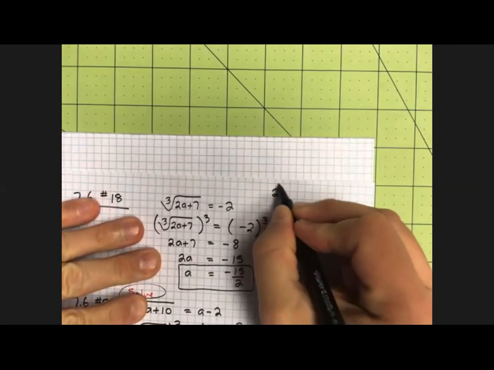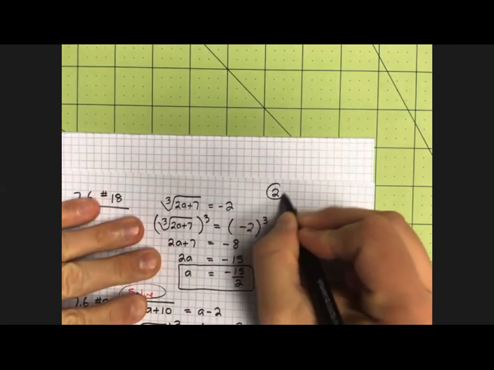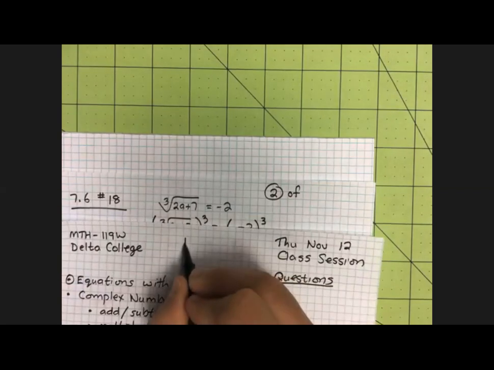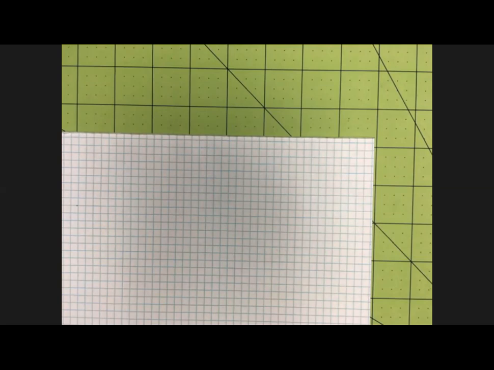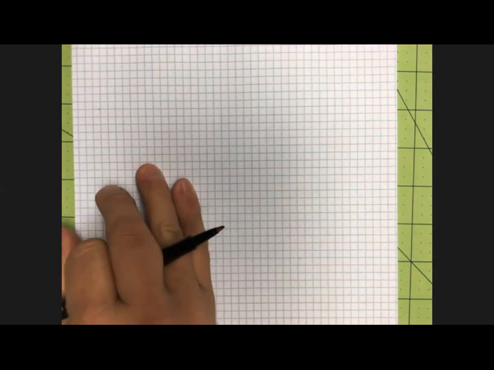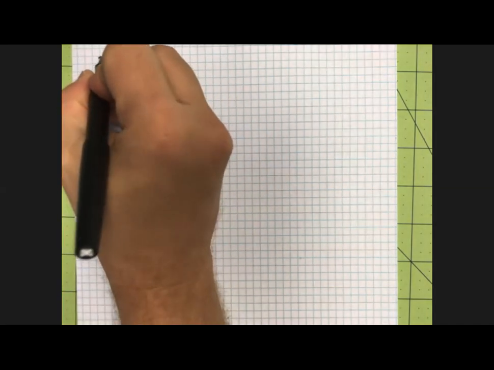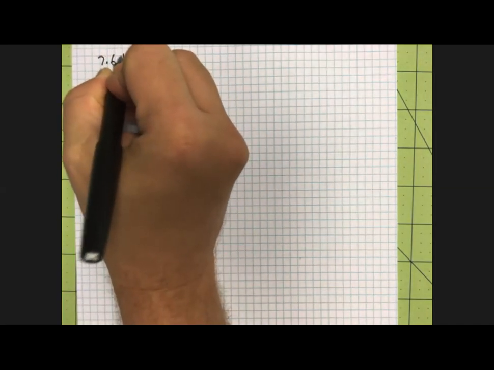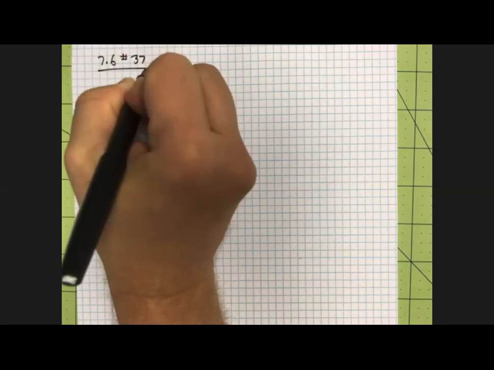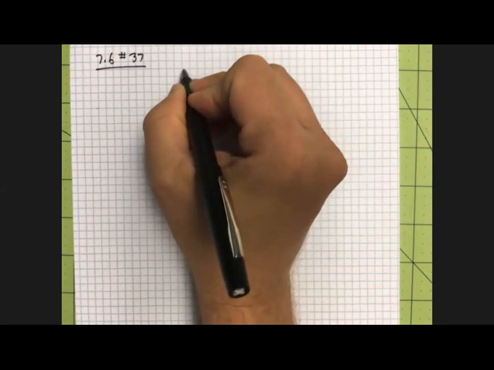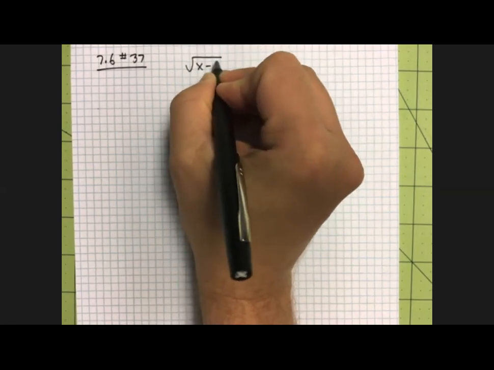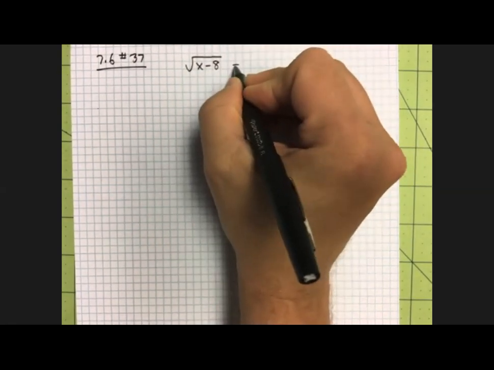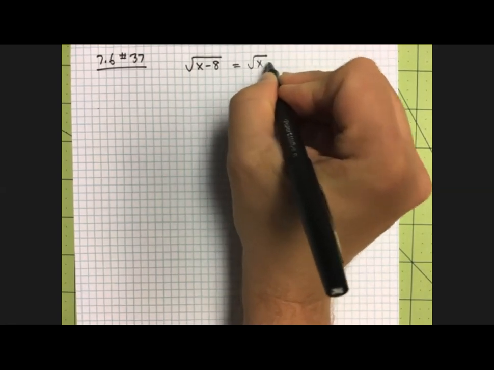Let me just get my pages numbered here so I keep track of stuff. So look at 37. If I had the square root of x minus 8 equals the square root of x minus 2.